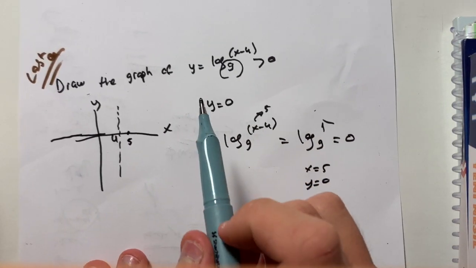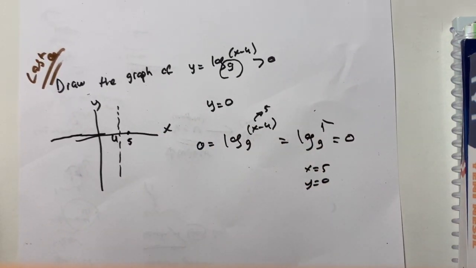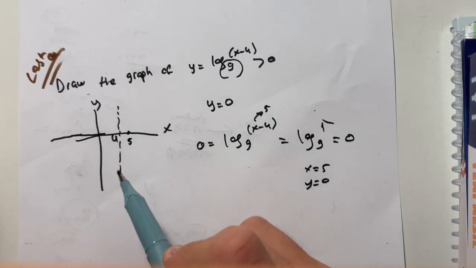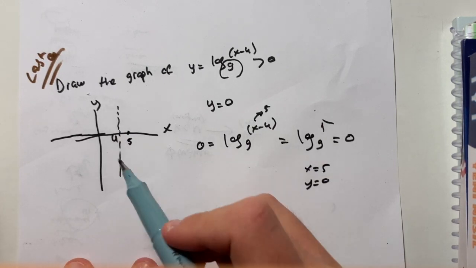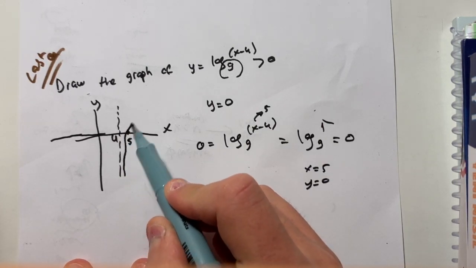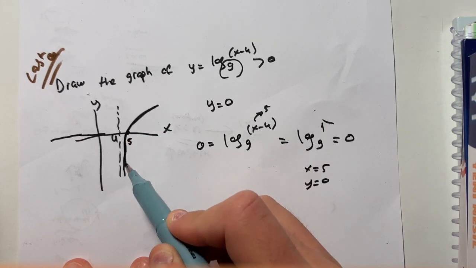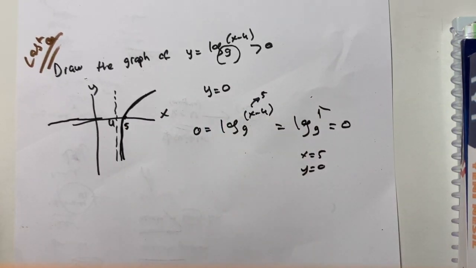So our graph will be increasing and cutting the x-axis at x equals 5, but will not touch the vertical asymptote at x equals 4, so it becomes like this. So this was our last question.